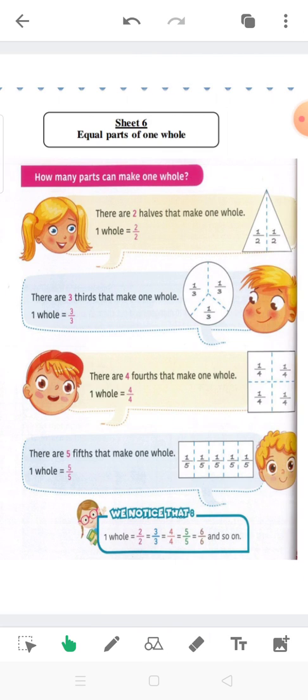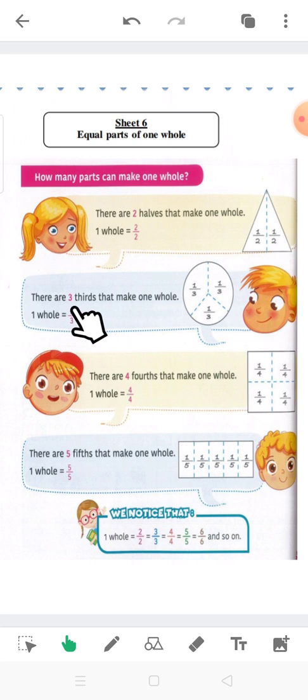Again, let's see here the equal parts of one whole. How many parts can make one whole? Look at this triangle. It's cut into two equal parts. There are two halves that make one whole. Okay, look here, we have 3/3 in one whole.